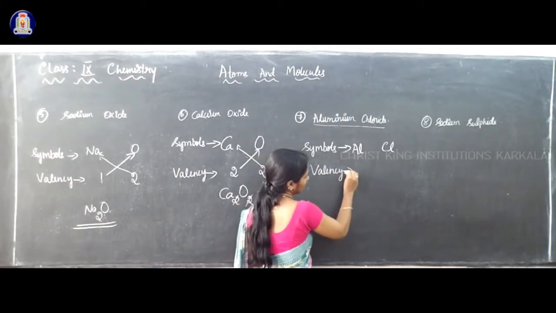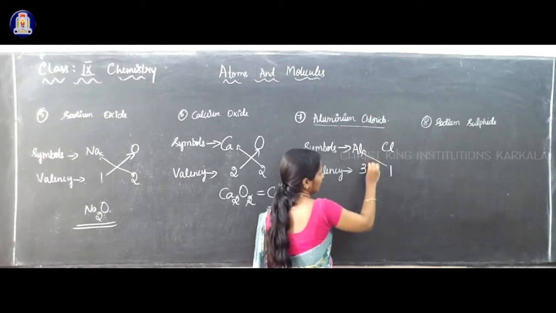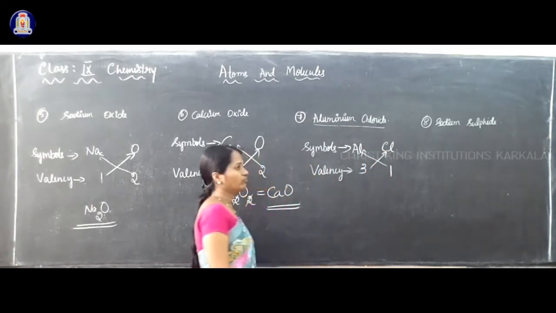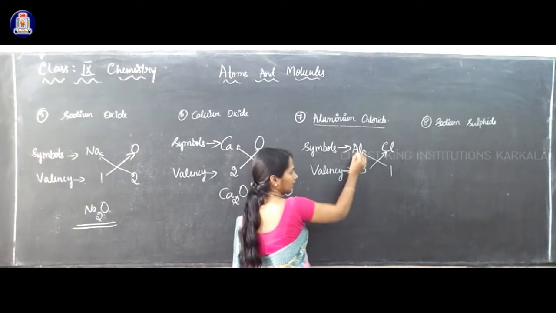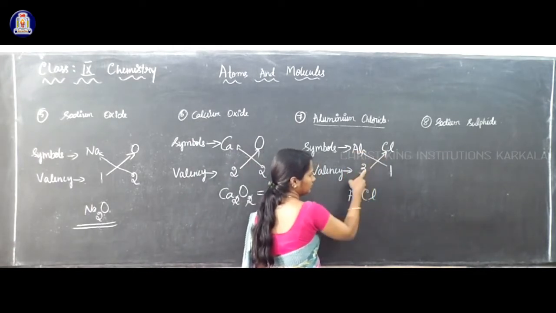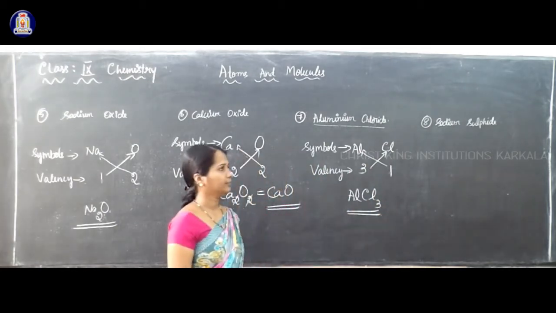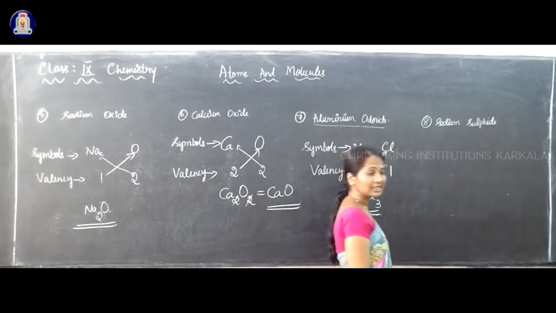Valency of aluminium is 3, chlorine is 1. Interchange. So the formula can be written as AlCl3, aluminium chloride.